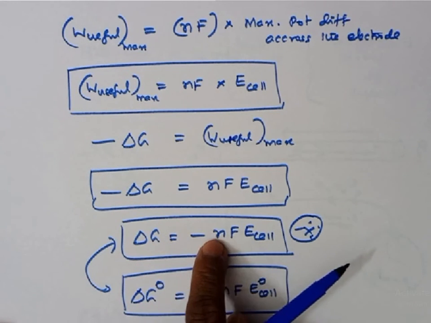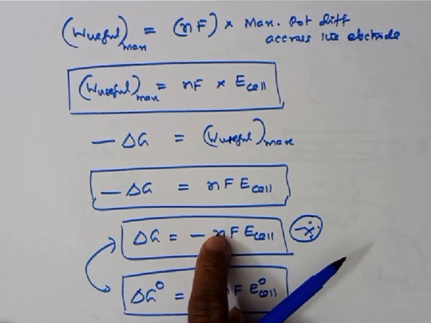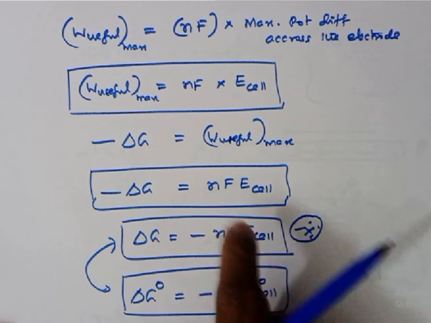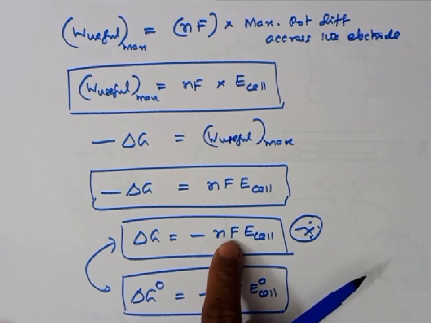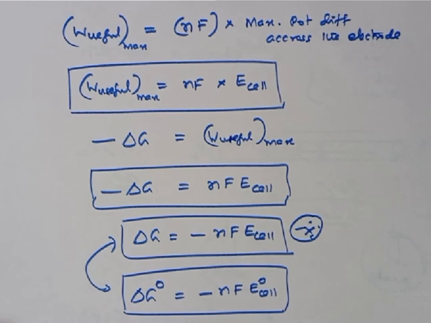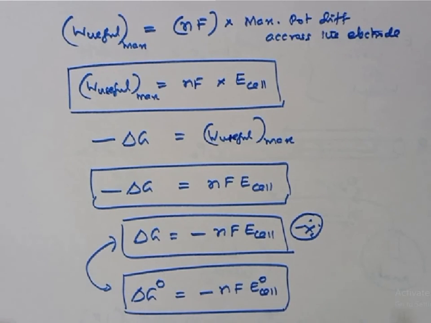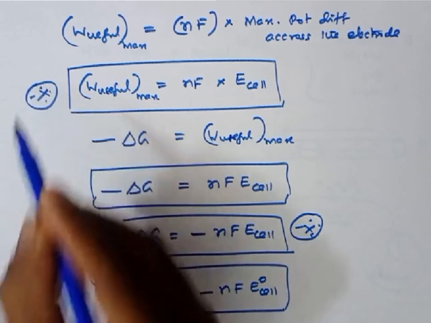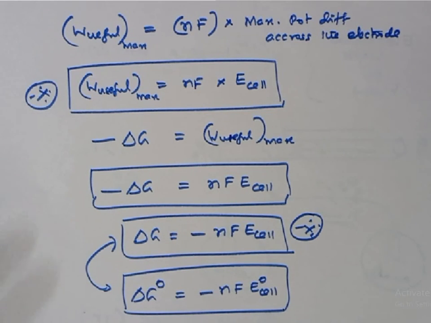Delta G equal to minus n into F into E cell, where n is the number of moles of electrons flowing in the overall reaction, and F is the Faraday constant. E cell is the cell potential. Take note. Is this clear, student? Any doubt? And remember this formula also. Students, is this clear? Yes, sir. Yeah, take down. So this is the relation between delta G and cell potential.